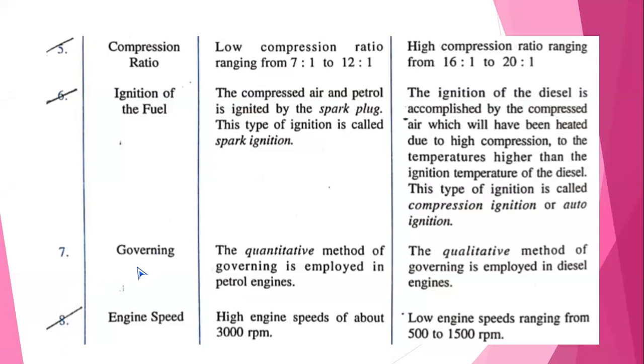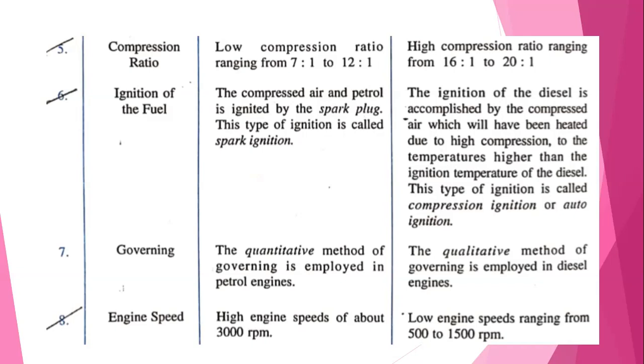The word governing means control. So the quantitative method of governing is employed in petrol engine. The timing of the ignition, the expansion stroke, working stroke, suction stroke, exhaust stroke, everything is controlled in a quantitative manner, one by one.